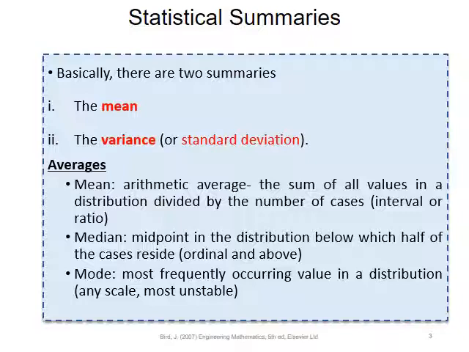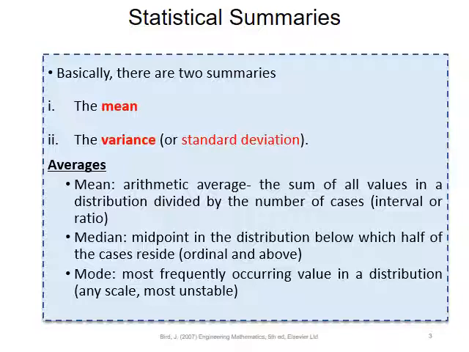If the average is 90%, this means that the students did well in the exam. If they got 30%, they did not do well. So it gives you an indication. You decide whether they gave good answers in the exam or not. So this is an example of statistical summaries.